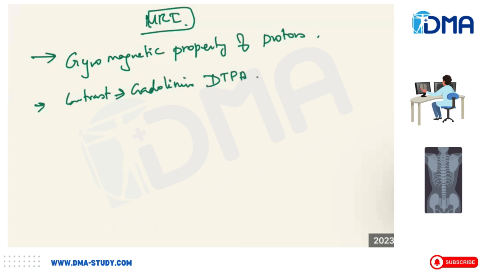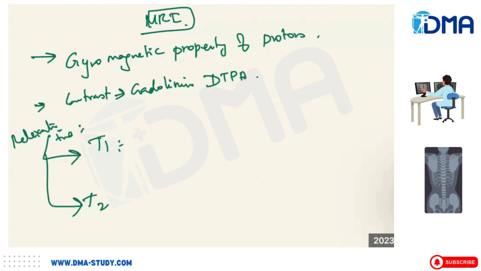And of course, we already know that there are two relaxation times, T1 and T2. T1 just denotes the time taken to return to the original axis. These images are used to find out the normal anatomic details, and it has got a high soft tissue discrimination capacity.